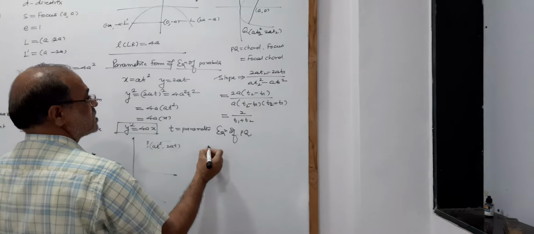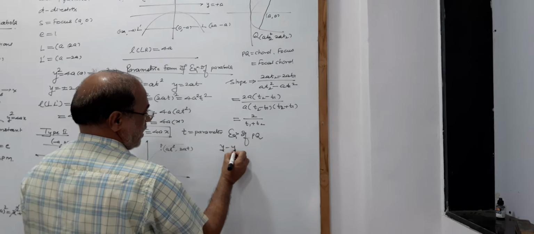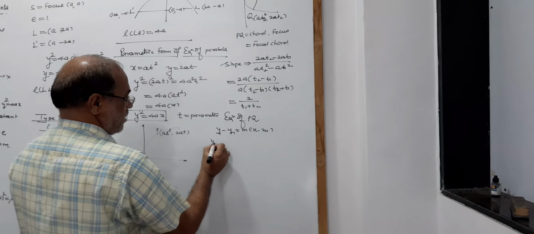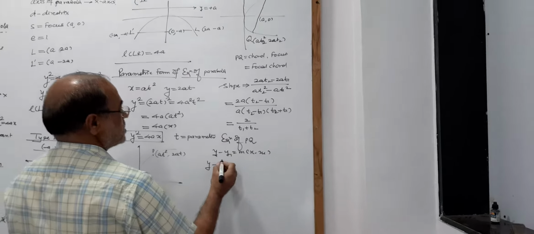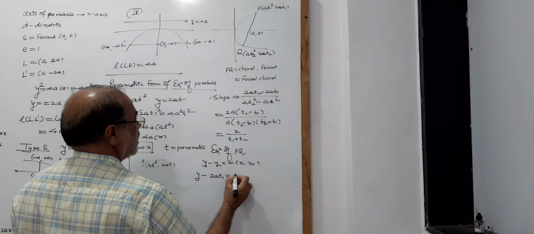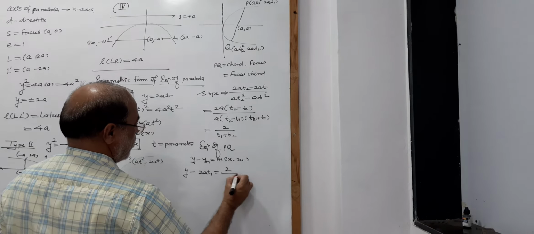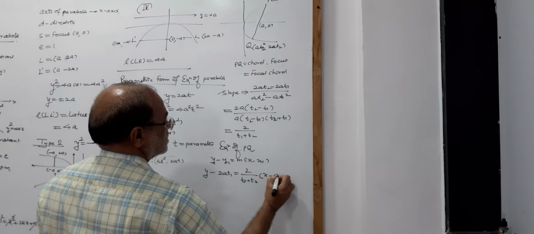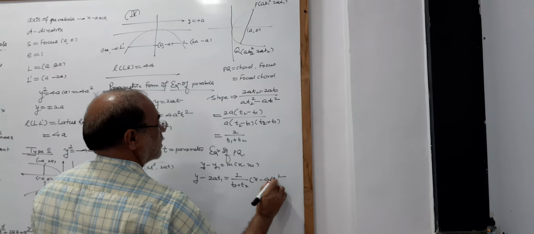Therefore, the equation of PQ becomes y minus y1 equal to m into x minus x1. So y minus 2at1 equals 2 upon t1 plus t2 into x minus at1 square.